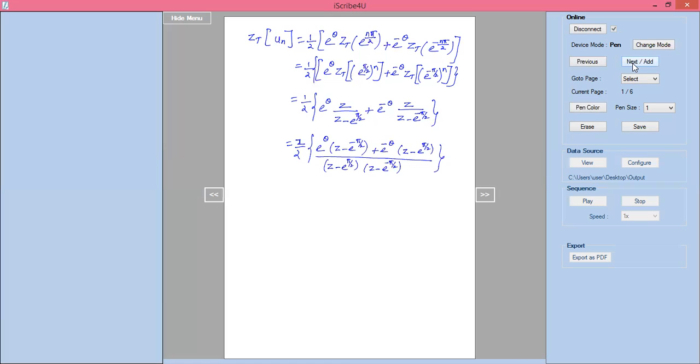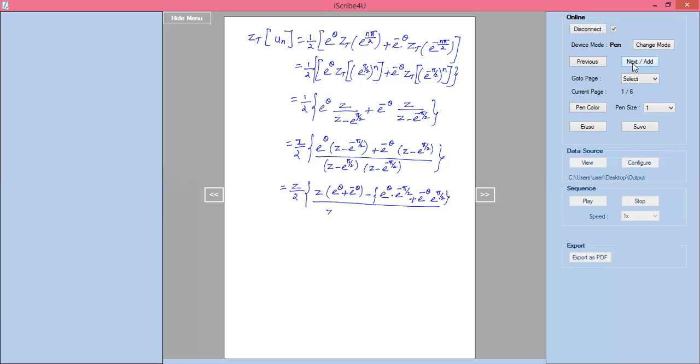Now I'll write that equal to z by 2 into z into e power theta plus e power minus theta, plus, if you simplify this, e power theta into minus, I will take outside, e power theta into e power minus pi by 2 plus e power minus theta into e power pi by 2, divided by z minus e power pi by 2.